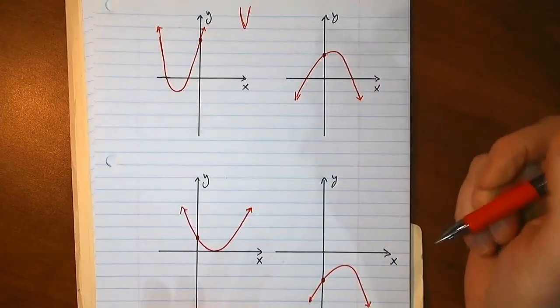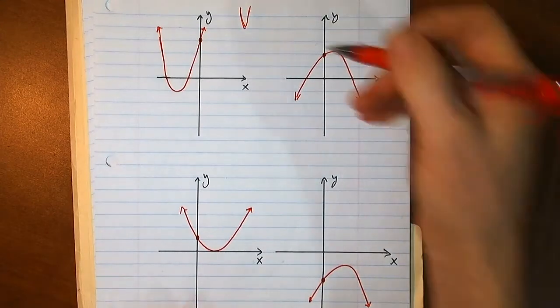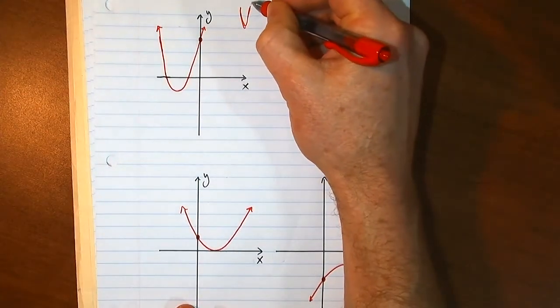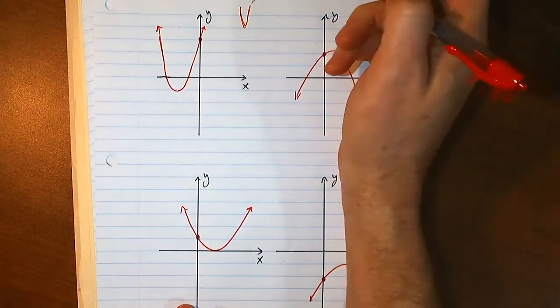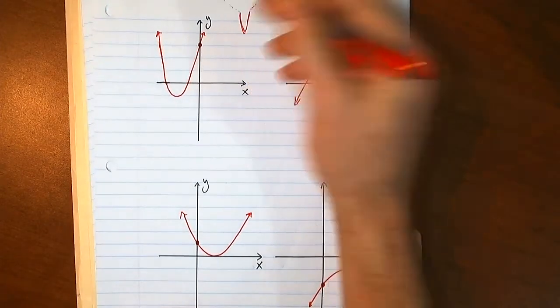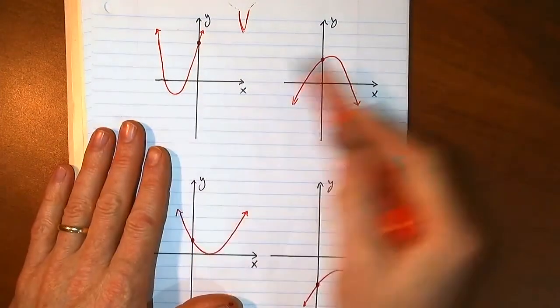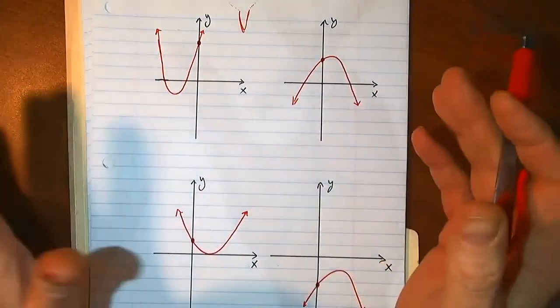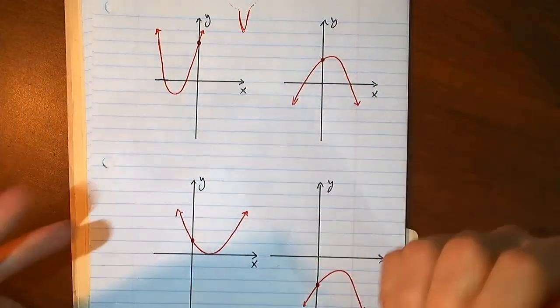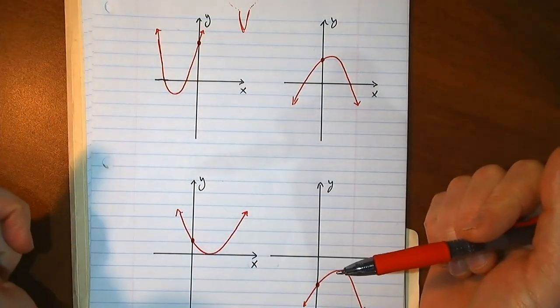But they all leave at some angle. And if they leave at some angle, that means they're eventually going to go all the way over to the right, and they're eventually going to go all the way over to the left. And so no matter where the bottom or the top, wherever the vertex of the parabola is, eventually, sooner or later, it'll hit the y-axis.